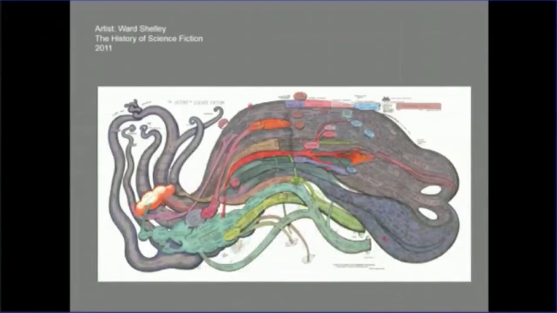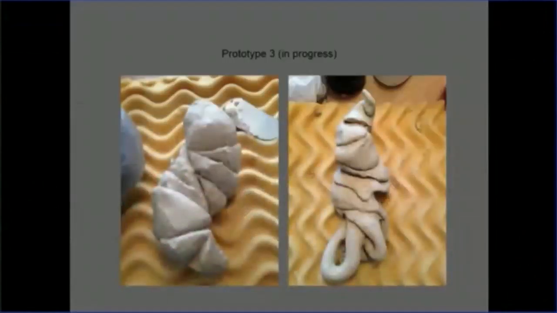This is another one of my favorite maps from the exhibit. History of science fiction reminds me of a digestive system, so I love the tunnels, the canals, the organic quality represented in this illustration. Many times, if things are really hard for me to grasp, I copy them.